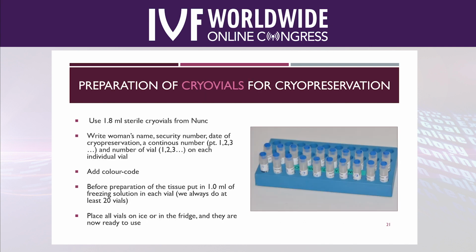And here you can see the cryotubes that we load with the freezing media, and then we have the color coding, we have the social security number of the patient, and also our specific lab number for this patient. And then we also now have a European code, the SEC code, which is a 20-digit number, which is also on these ampules.